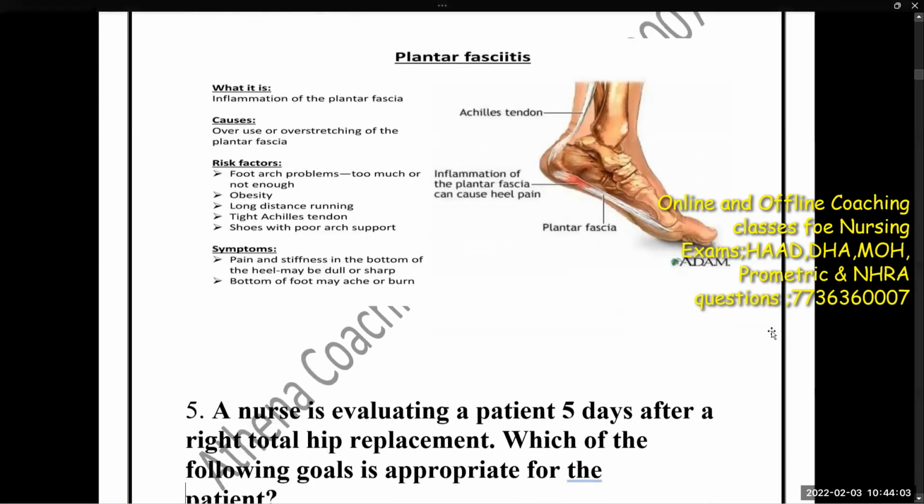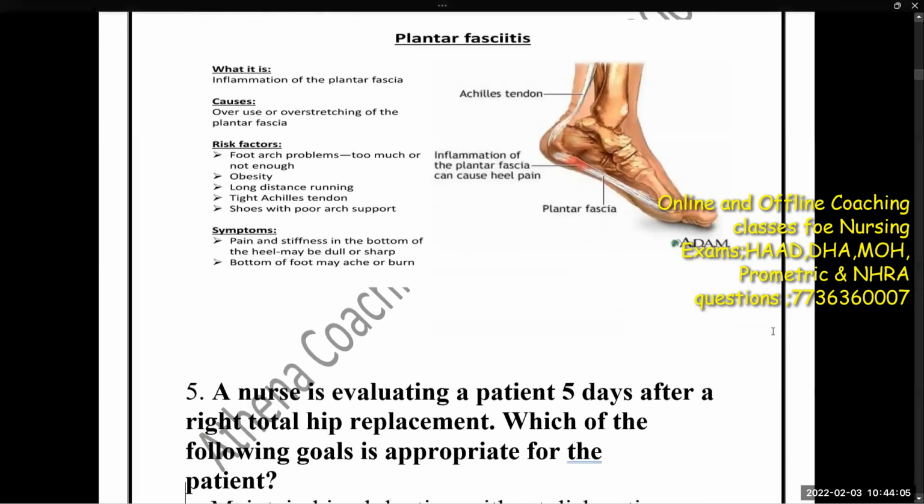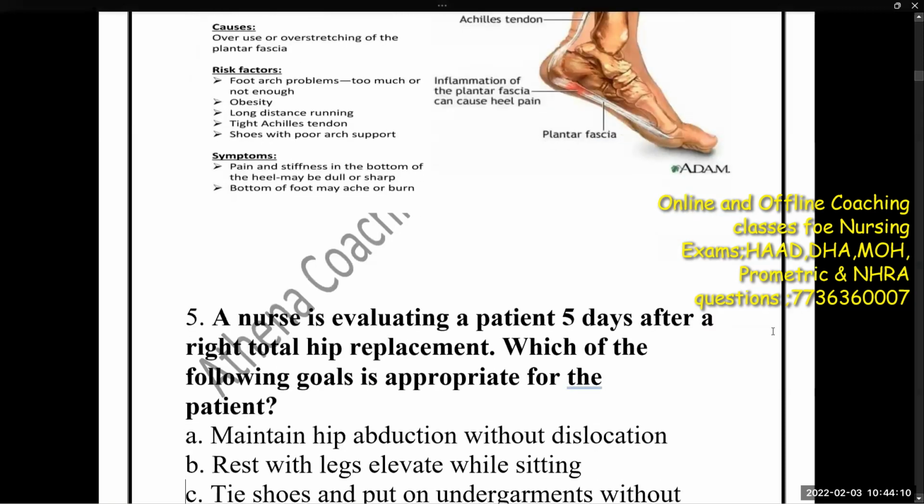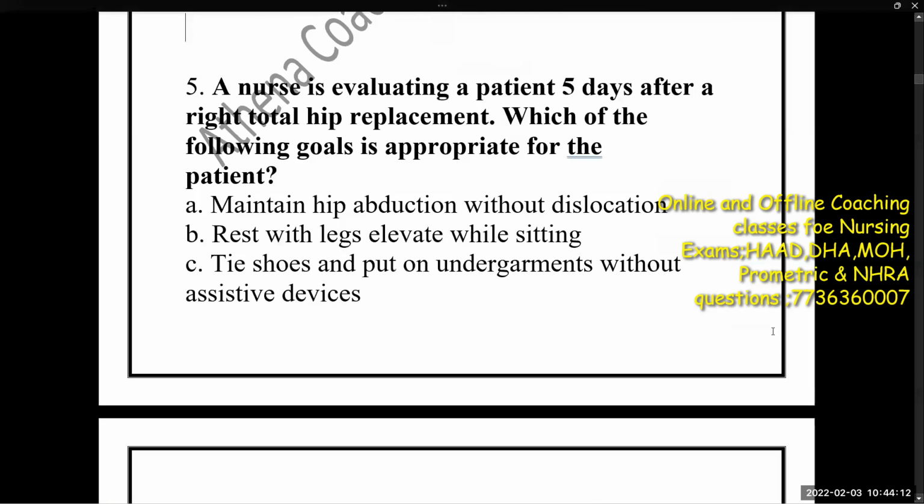Next question. A nurse is evaluating a patient 5 days after right total hip replacement. Which of the following goals is appropriate for the patient? Maintain hip abduction without dislocation, rest with the leg elevated while sitting, tie shoes and put on undergarments without assistive device.